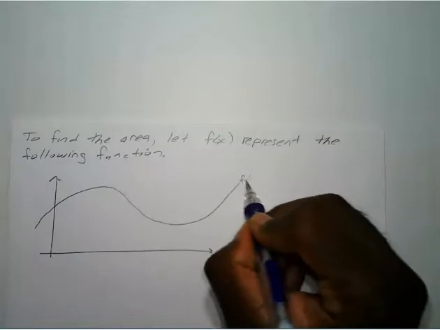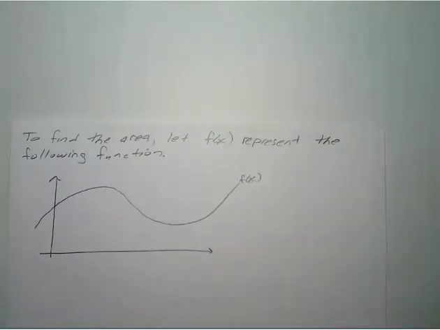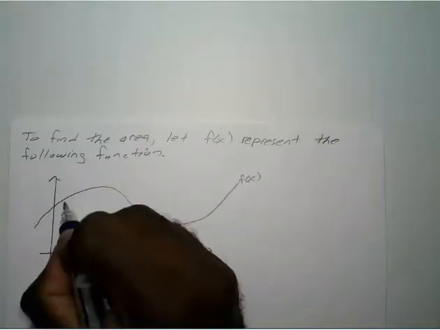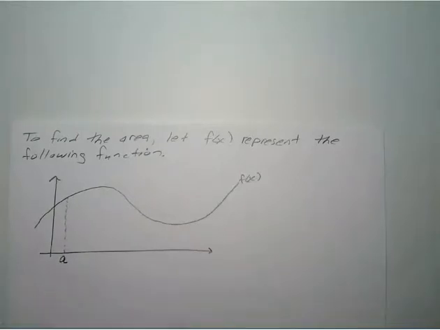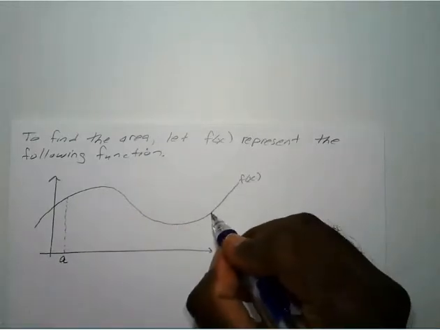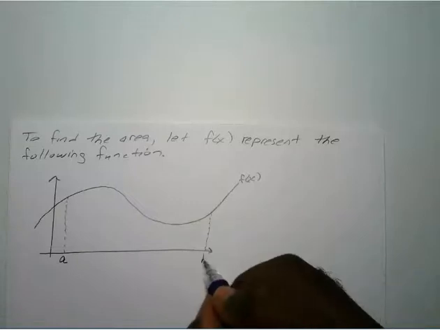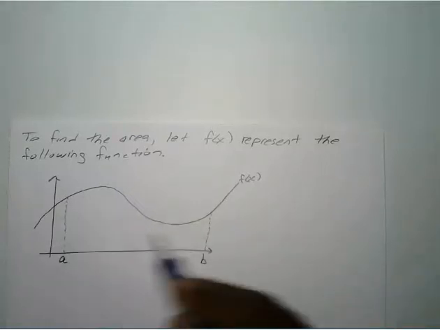So this is your f of x. Let's say we just want to worry about a portion of the function between x equals a and x equals b. So we want to know the area up under there.